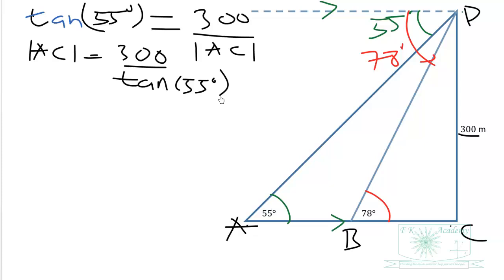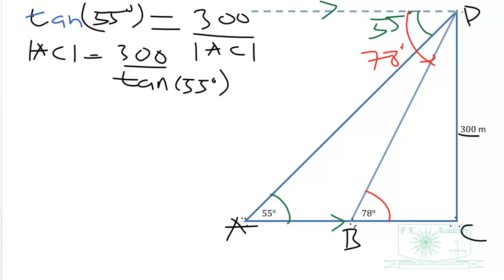We are actually finding the distance between the two beds, that is the distance A to B. But we have to find AC, then we find BC because of the angles given us. Then we subtract BC from AC to get AB.